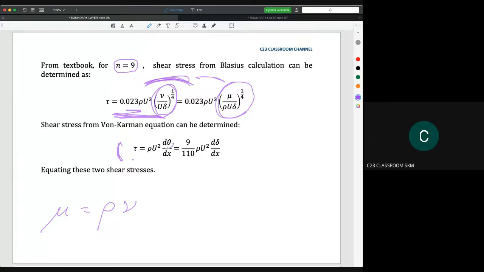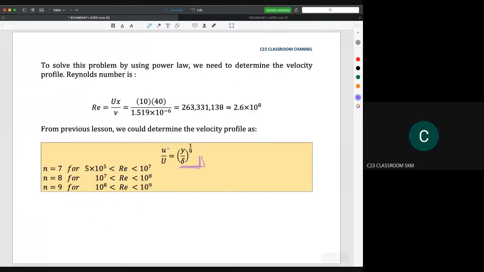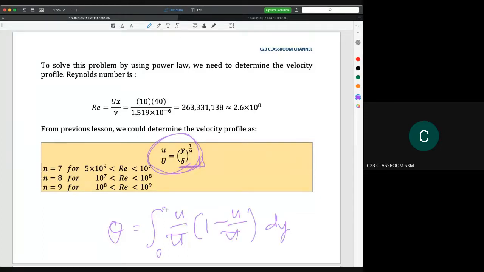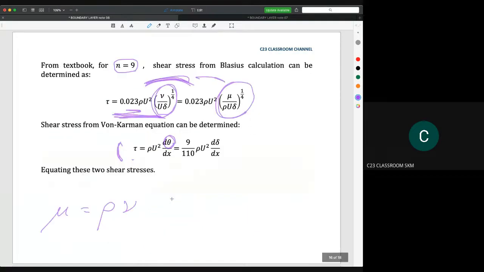We substitute the value of theta here, and you need to calculate the value of theta for this velocity profile. If you substitute in the equation theta equals the integral of u over U times (1 minus u over U) dy, with the limit from 0 to delta, you will find it is equal to 9 over 110.